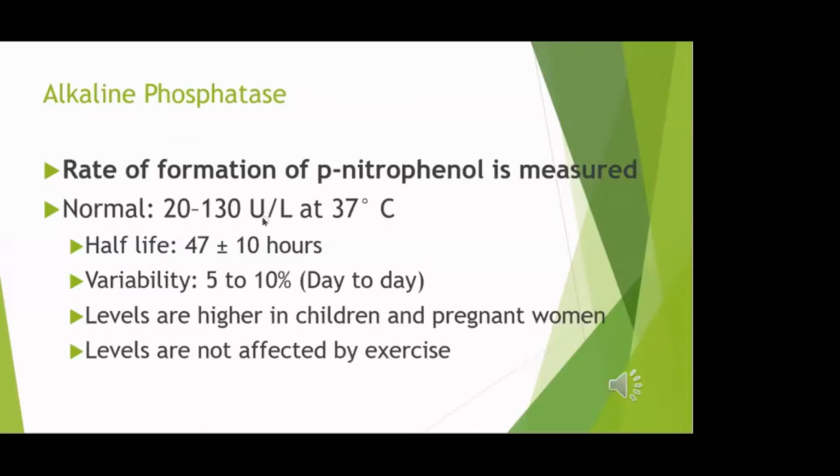The rate of formation of p-nitrophenol is measured in testing alkaline phosphatase, and the half-life is as follows, as well as the variability. Take note that alkaline phosphatase levels are usually higher in children and in pregnant women, and the levels are not affected by exercise.